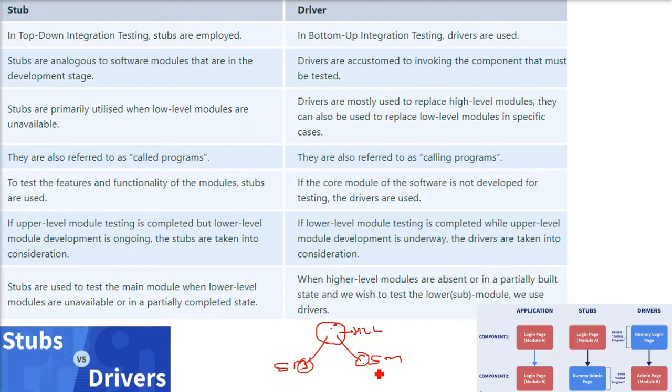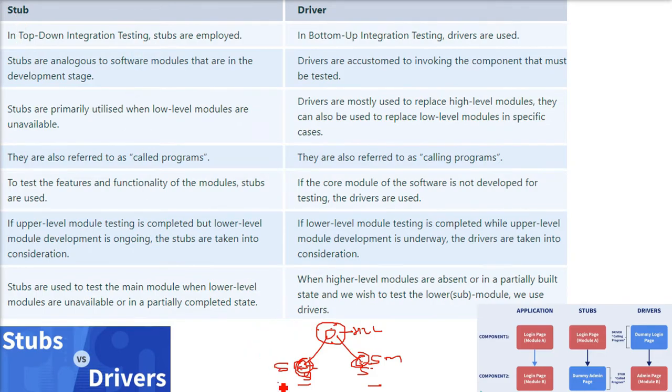If the sub modules are not ready and we need them to be called in order to check the main module, we'll write stubs. We will not write any functionality. We will just write two or three lines to emulate that, okay, this is being called, because we are eventually checking the main module.